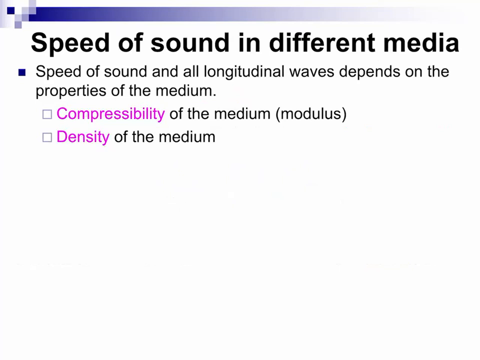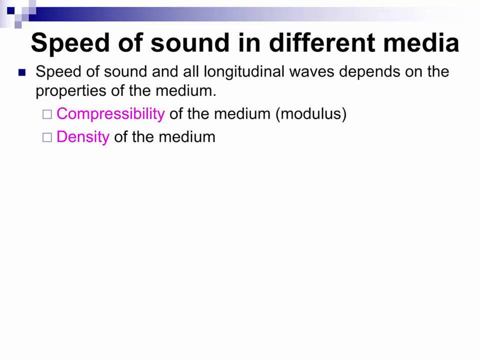So the longitudinal wave propagates through the expansion and compression of the medium. The compressibility of the medium will affect how the sound propagates, as well as all longitudinal waves. It also depends on the density of the medium, if your medium is quite thick and heavy and dense, as opposed to light.